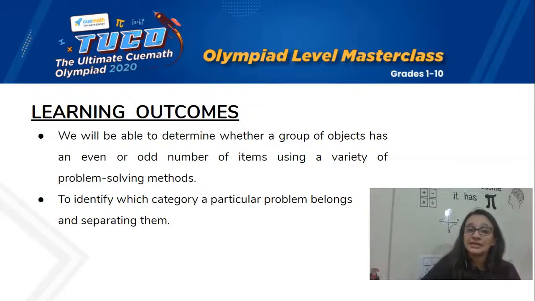the very important part is extensive rigorous practice, which you would only get when you have a set of good exercises with a good level of questions, which are grade relevant, and which students can work on. So you can also go through the TUCO curriculum course that you get while you register yourself for TUCO, which is the Ultimate Cuemath Olympiad 2020.